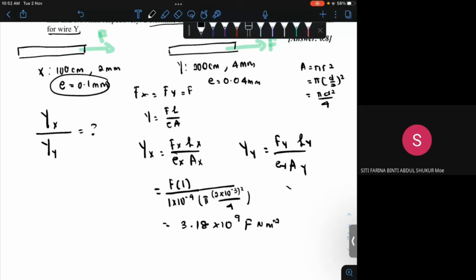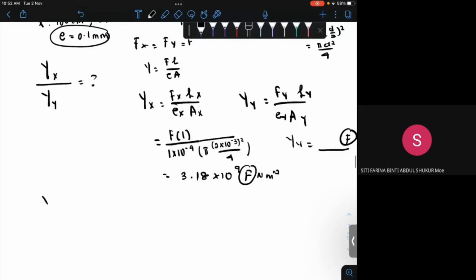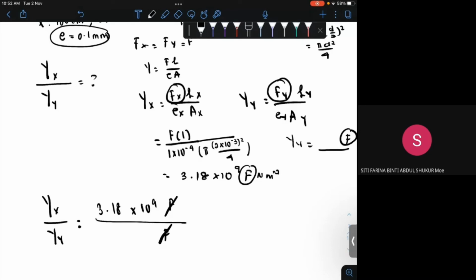Buat yang sama untuk Y Y, awak akan dapat jawapan in terms of F. F ni jangan padam lagi sebab dia masih unknown. Nanti baru awak masukkan dalam Y X bahagi dengan Y Y. Dia akan jadi 3.18 darab 10 kuasa 9 F bahagi dengan entah apa-apa F juga. Then you can cancel the F sebab dua-dua equation kamu akan ada F. Dan F ini adalah F yang sama.